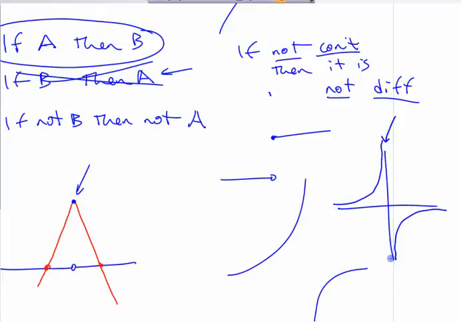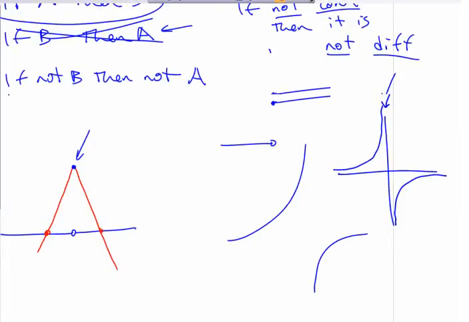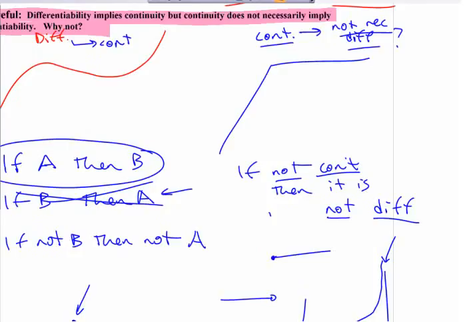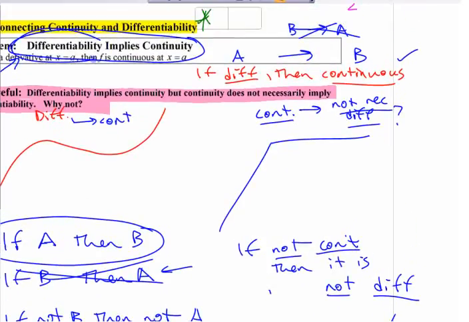Not to dredge that up again, but we're talking about at a point. There is a discontinuity at 0. That's what we're talking about here. So this is talking about differentiability at a point, because you can only talk about differentiability at a point. You can say a function's differentiable everywhere, but it's looking at each point individually. And for the purpose of this, we're talking about continuity at any given point. Okay?